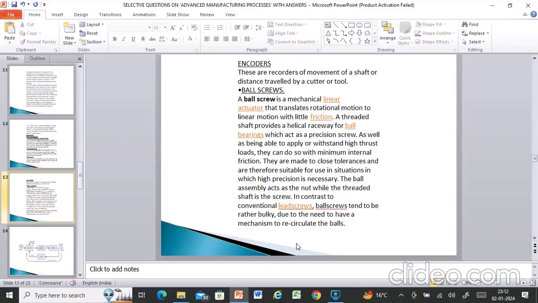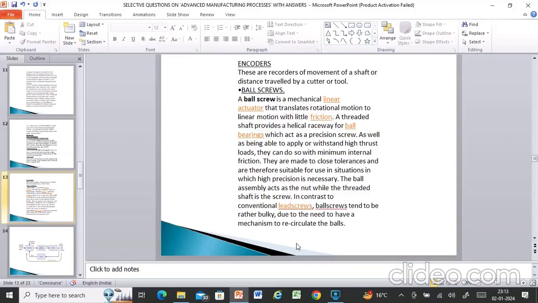Now here it says that they are made to close tolerances and are therefore suitable. The ball screws are made to close tolerances and are therefore suitable for use in situations in which high precision is necessary. The ball assembly acts as a nut, while the threaded shaft is a screw.